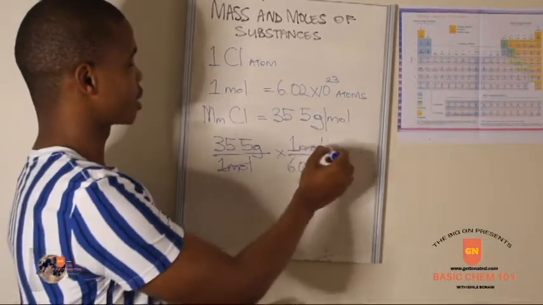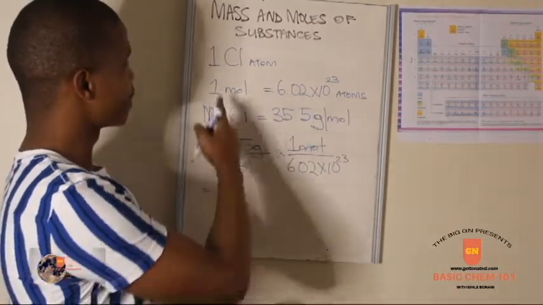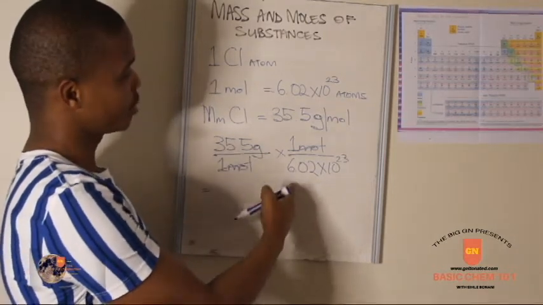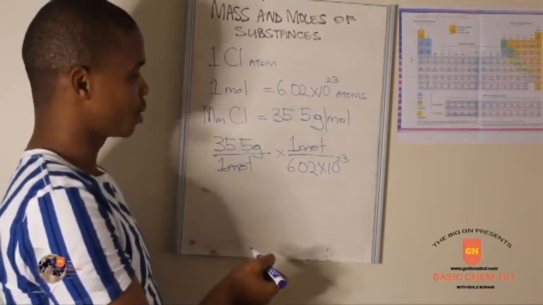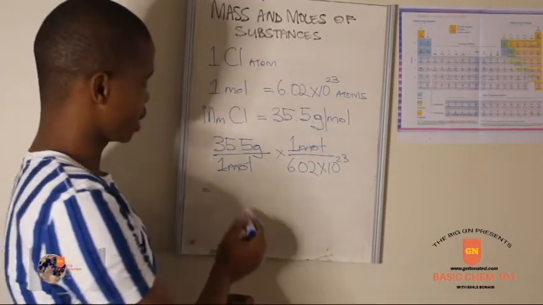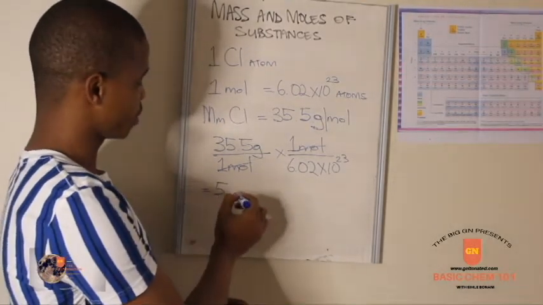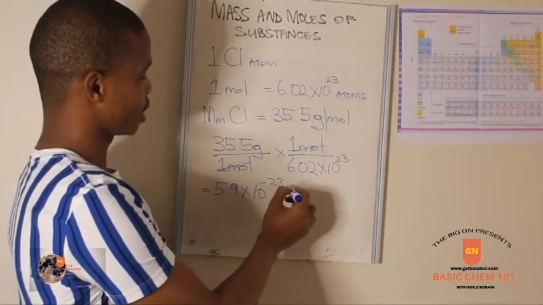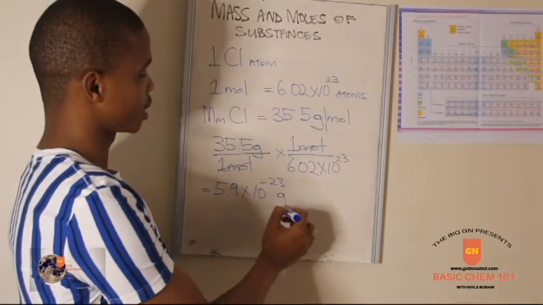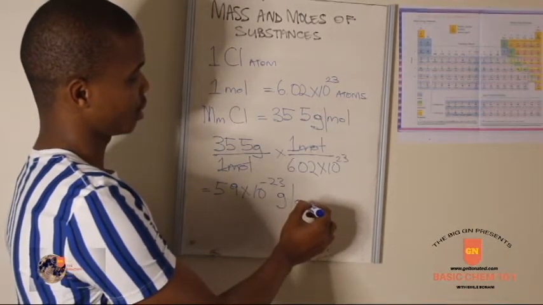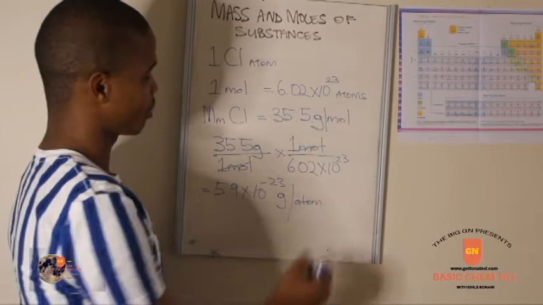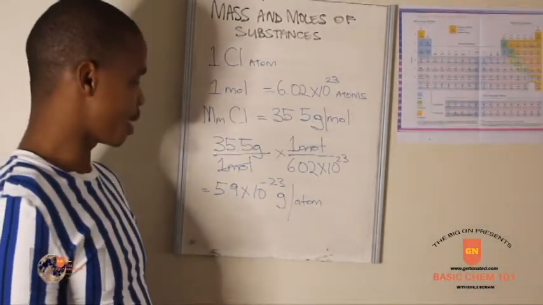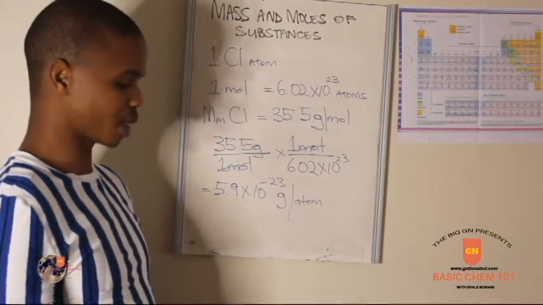So 1 chlorine atom would be 35.5 divided by 6.02 times 10 to the power 23, which gives us 5.9 times 10 to the power negative 23 grams per 1 chlorine atom. So that is how you would calculate the mass of 1 chlorine atom.